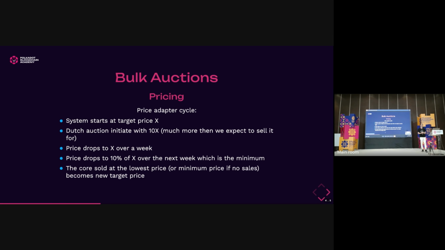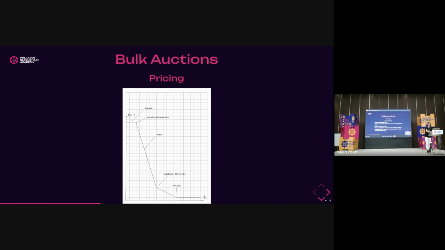The Dutch auctions take a few days, so it's not as short and snappy as the actual tulip auctions were. You still have plenty of time to place your bid, and you can see the price linearly decreasing over time. It will look in the current system something like that. We are starting with a pretty high price and somewhat linearly decreasing to the target price, and then to the minimum price where we stay for some time.